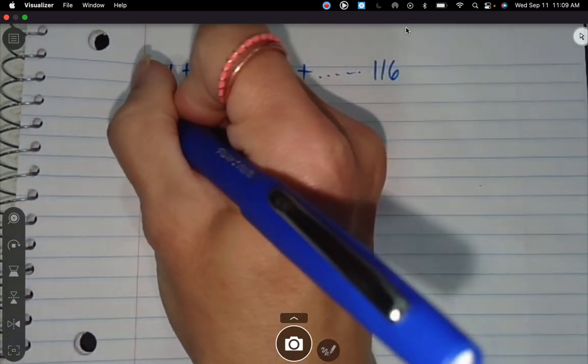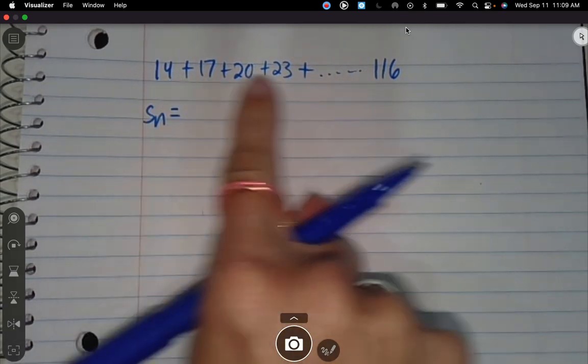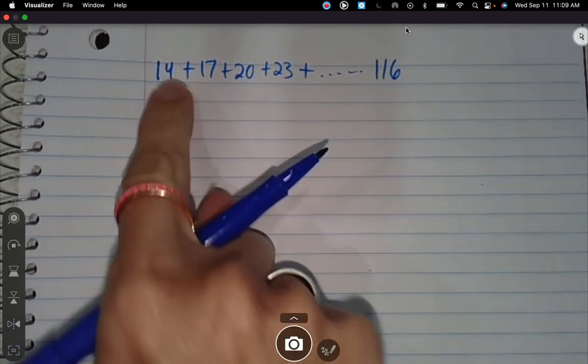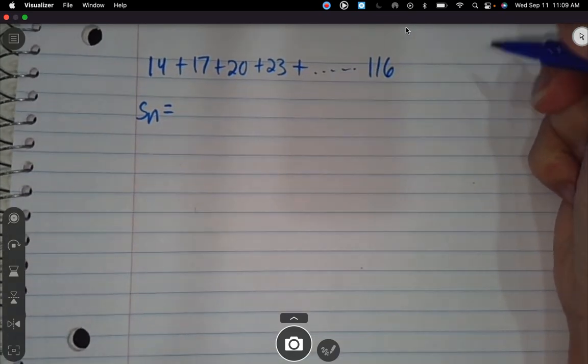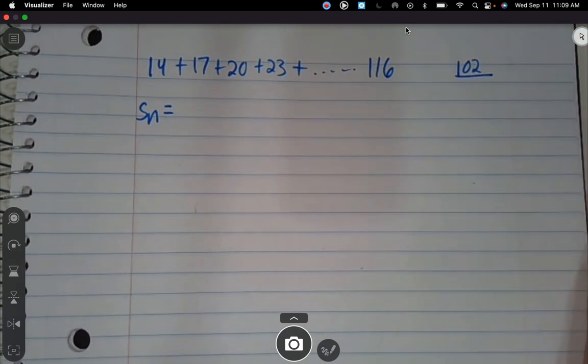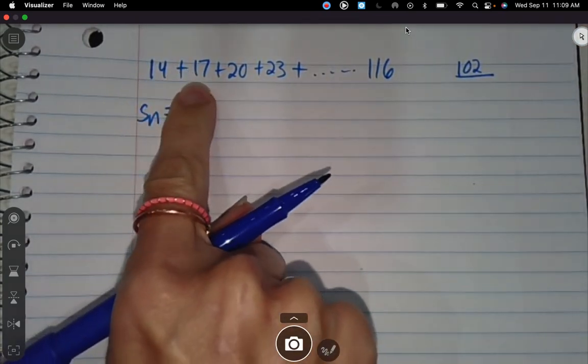Okay, again, the hard part is just knowing how many numbers are there. So let's subtract 116 minus 14. What is that? 102. Okay. Then what do we do? So what are we counting by? That's right.